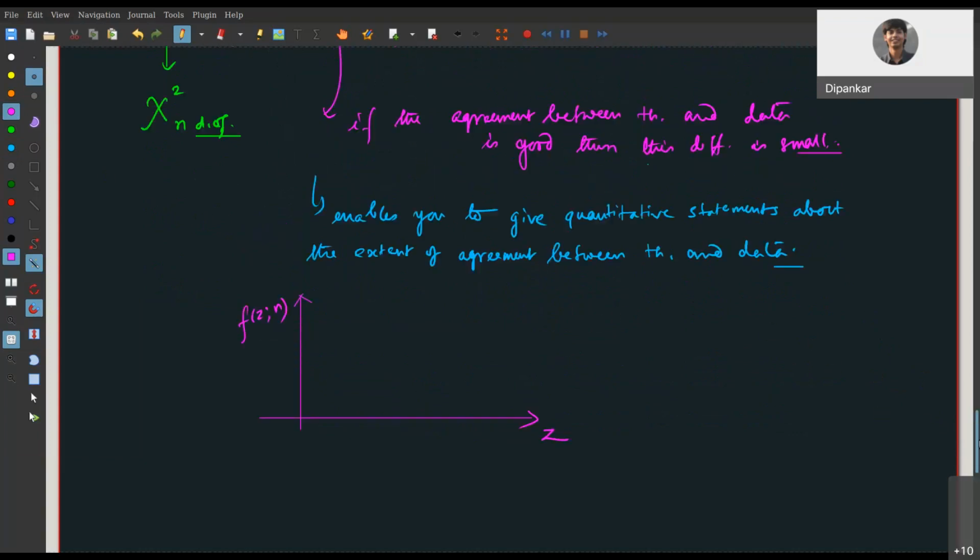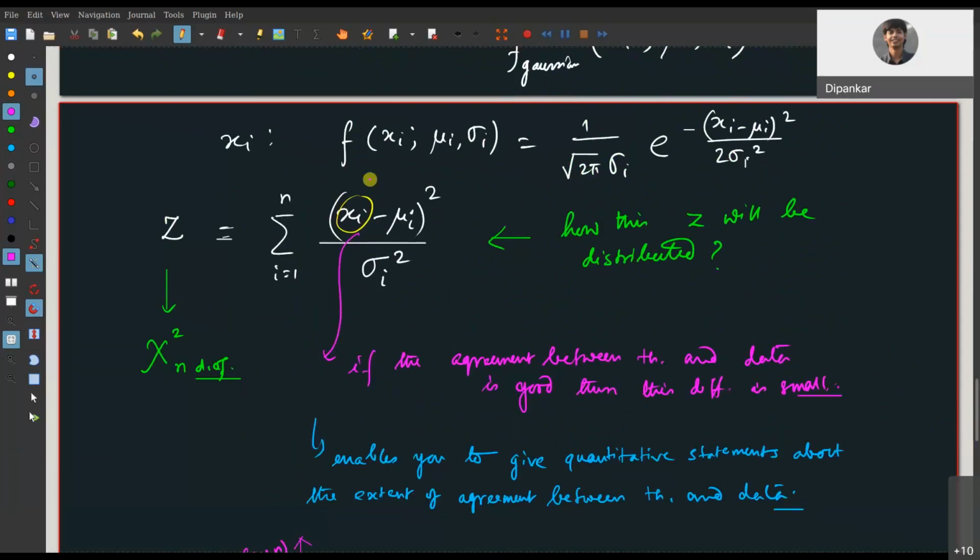Remember, the more experiments I have, the larger the value of n, the more room there is to make error, because you can make some error in the first data, some error in the second data, some error in the third data. So the more experiments, the more prone you are to error.